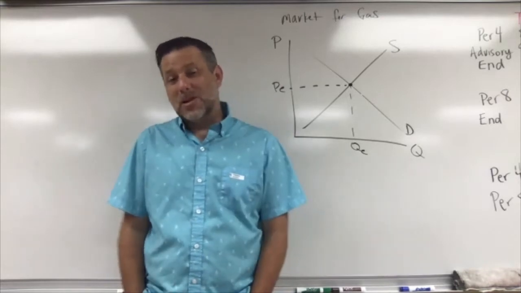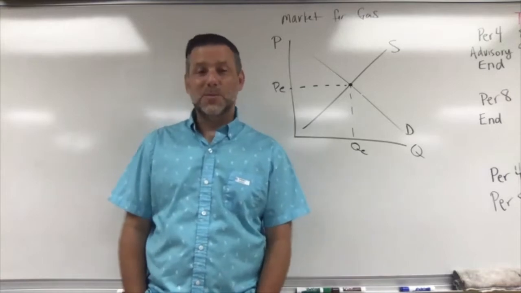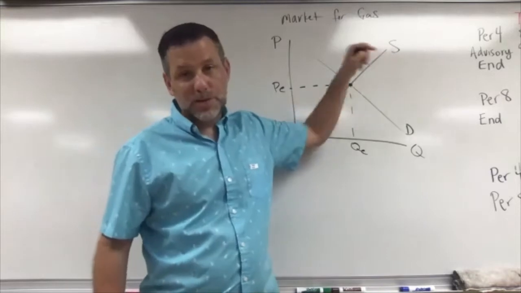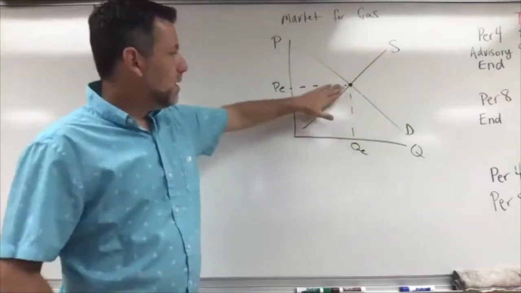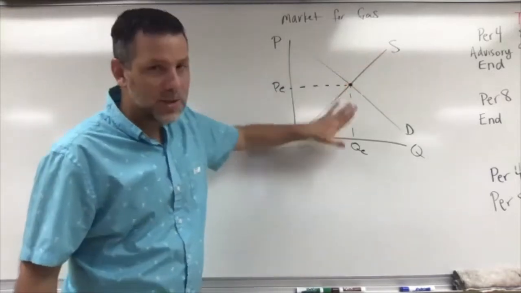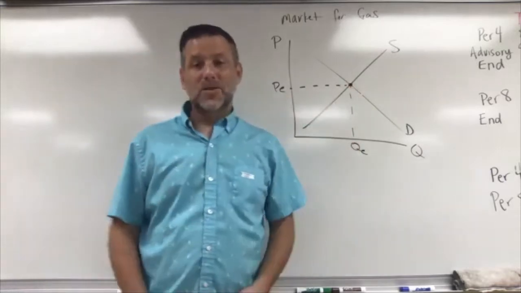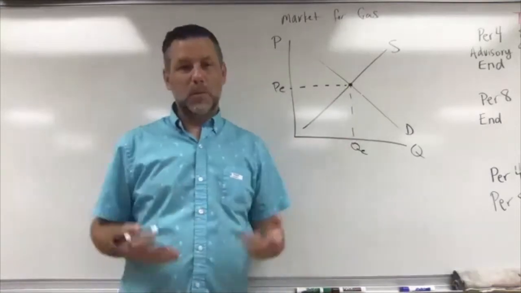What's going to happen is they're going to start drilling for more oil in those places, because as the price goes up, more people are going to be willing to produce it. So a certain amount of oil is produced, and then people want to buy a certain amount as well. And so that's the demand for something, how much people want it.